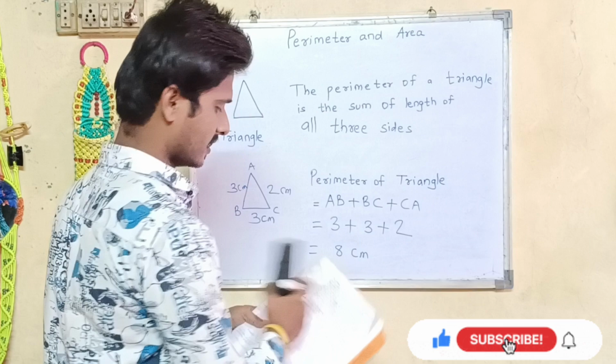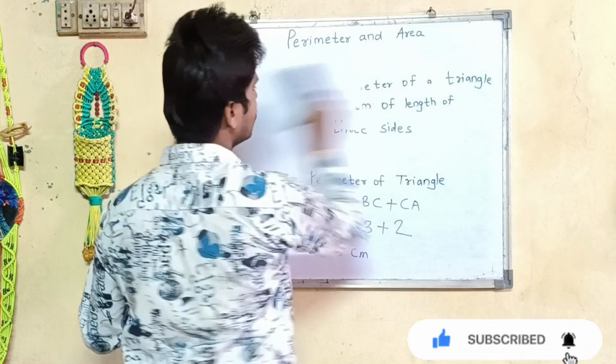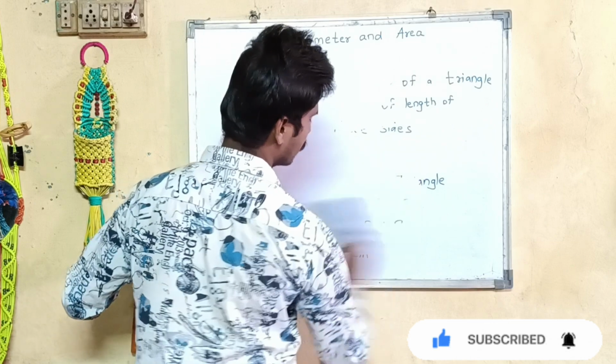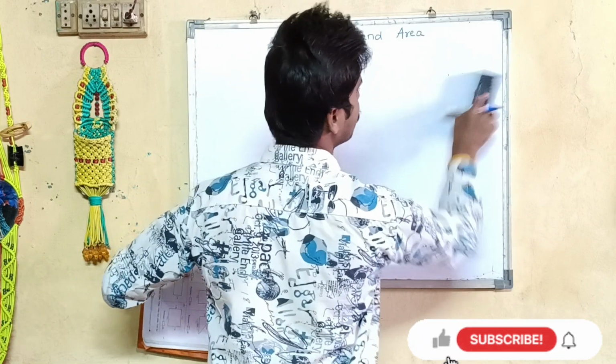Now we will go to the exercise. In the exercise, I will solve only one or two sums because it is really very easy. You can easily solve it and score good marks.